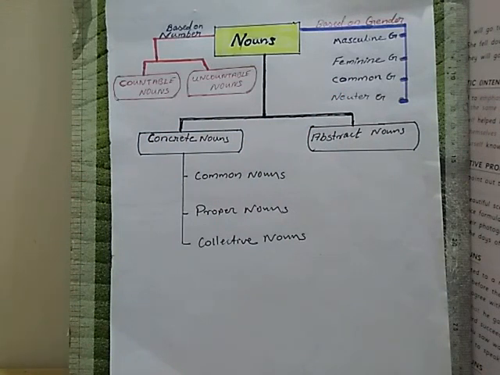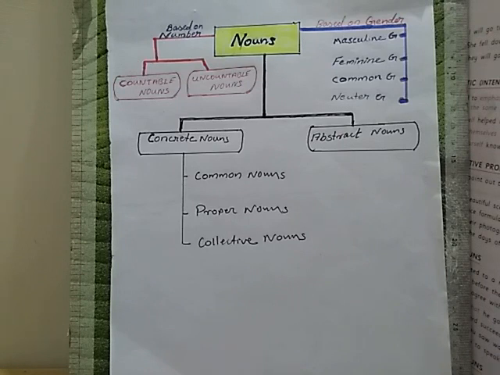It can be both. Particularly, we do not mention the gender. When we call the teacher, it can be a male teacher or it can be a female teacher. And the last one is neuter gender. Lifeless things have no gender, like pencil, chair, book, etc.